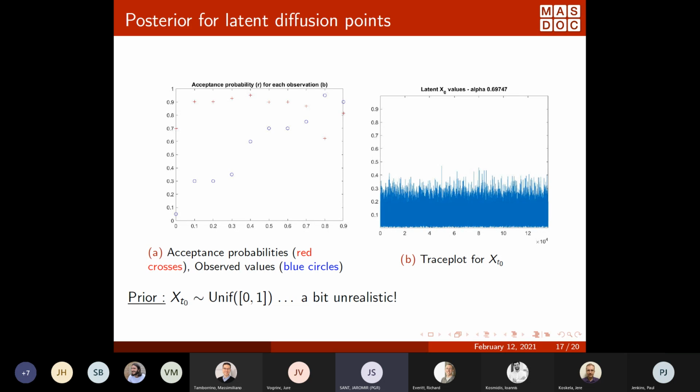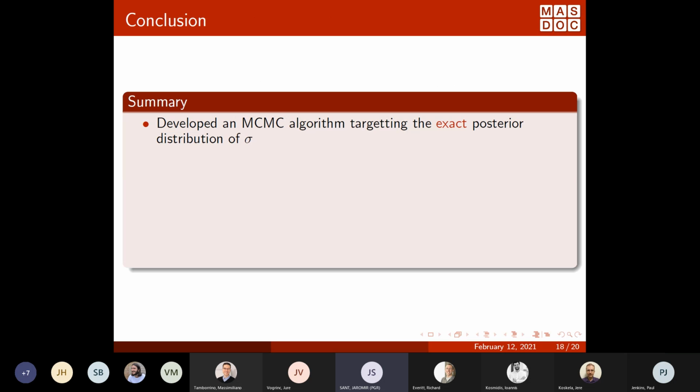Or they'd be at very high values and then go to very low values, because this is where you expect selection to show up. This is where there is signal for selection. In our case, we just assume that this is going to be uniform. So this is a bit unrealistic, and rather we should be looking at distributions which assign more mass to the lower values. This is something we're currently looking at and would like to fix.